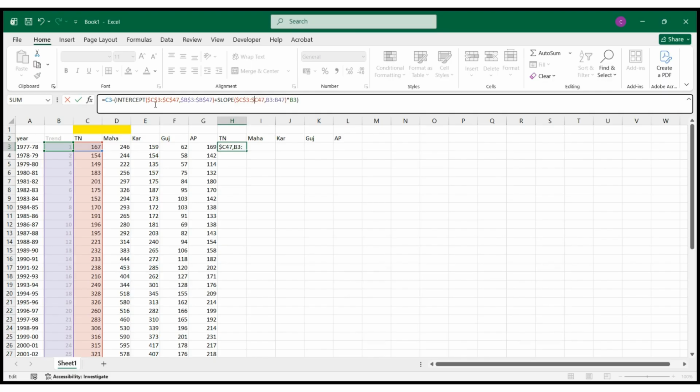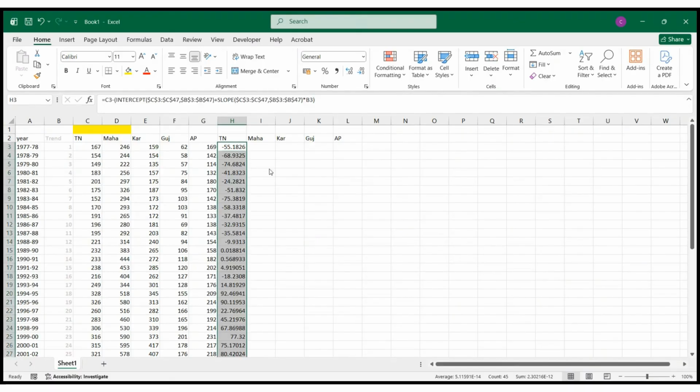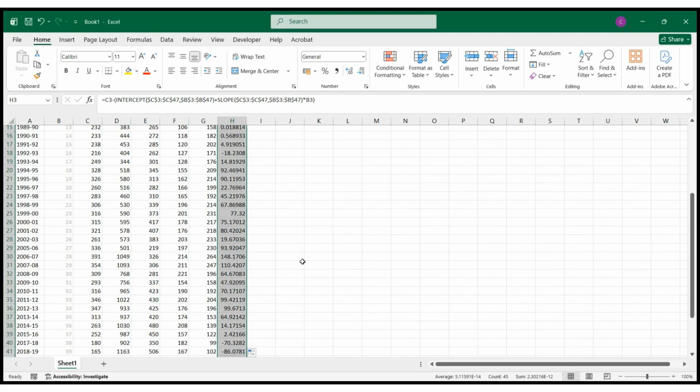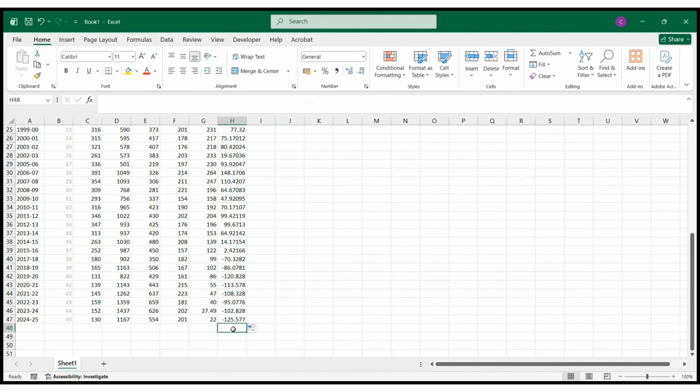I'll just fix the range so that it won't change. So we got all the values for Tamil Nadu. In a similar way, we need to calculate for the rest of the states. Here I'll just take one state for a particular thing.